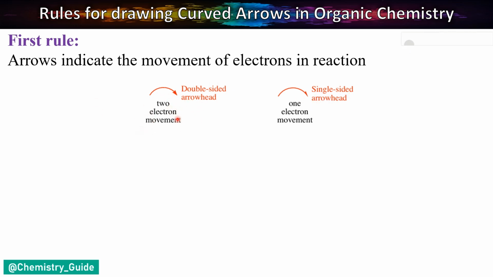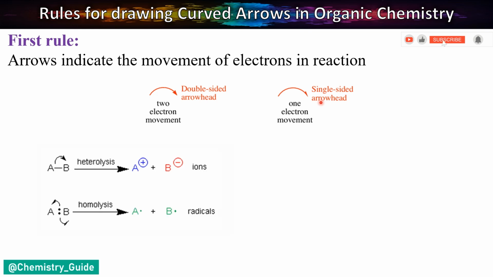When there is a movement of two electrons, an electron pair, in a reaction, it is denoted by the double-sided arrow. And when there is a movement of one electron in a reaction, it is denoted by the single-sided arrowhead. These two types of arrowhead are used for a specific type of bond cleavage in organic chemistry.